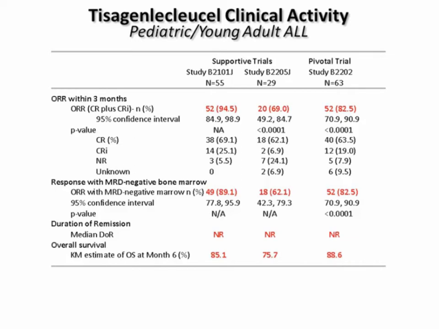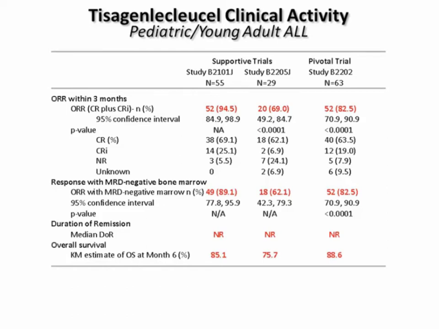If we look at this pivotal trial and the overall response rate within 3 months, the complete response rate or complete response with incomplete reconstitution of the marrow, you have 82.5% of the children responding, which is just amazing. More importantly, the response with MRD negative bone marrow, meaning they can't detect the disease, is also 82.5%.